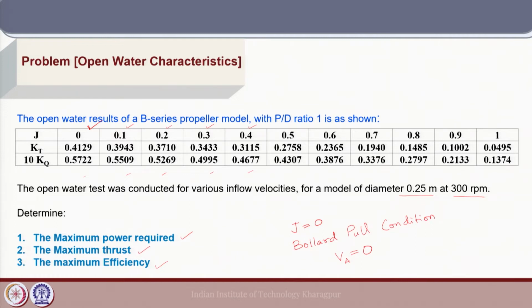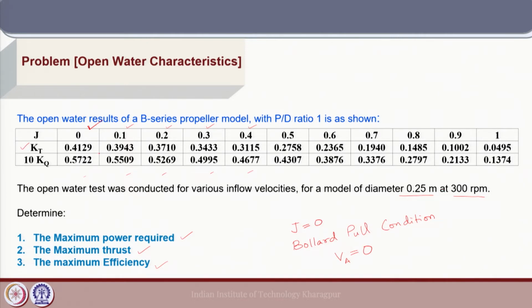So, the maximum thrust can be calculated from kT at the Bollard pull condition, and the maximum power can be calculated from the given kQ, or the torque coefficient, also from the Bollard pull condition at J equal to 0, right. So, we will see how we do it, and the maximum efficiency can be computed using any mathematical formulation of getting the curve.